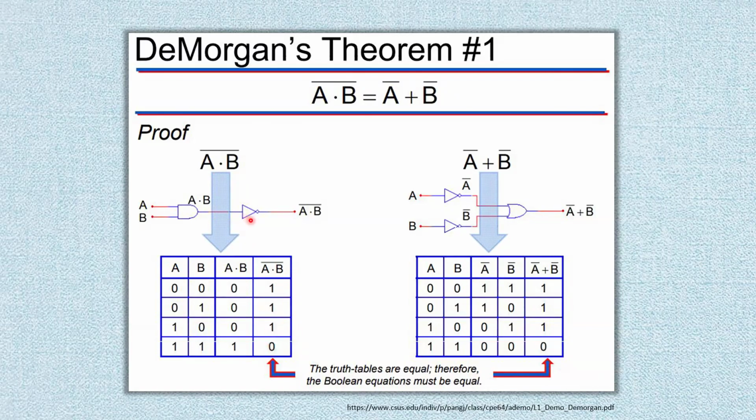So here's the inversion. Not A and not B inverted separately. Here's OR. If we separately invert A and separately invert B, we're going to have 1 here and 1 here.